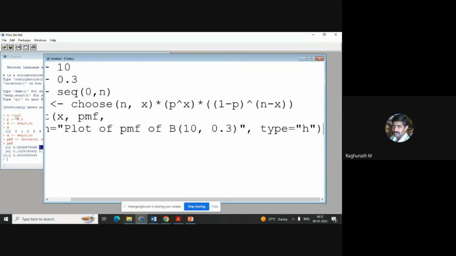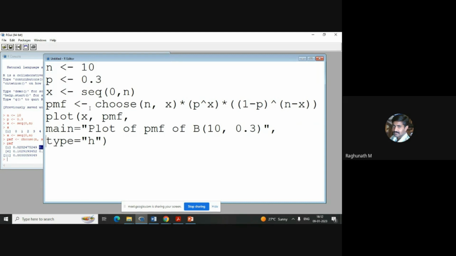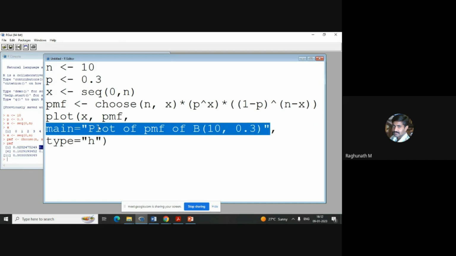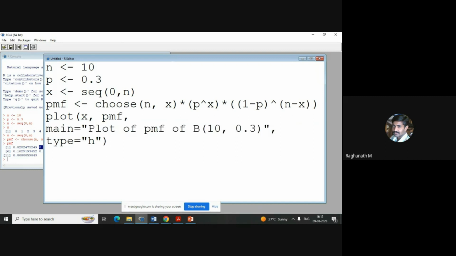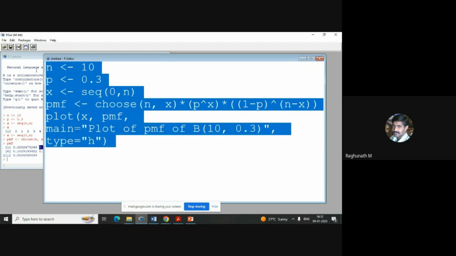So in this plot command, we have mentioned x, the values on the x-axis, and the PMF on the y-axis. Then we have named the plot and set type equal to h. Now let us run this and see the output. If I want to run the entire program, just select the entire thing and click on run.